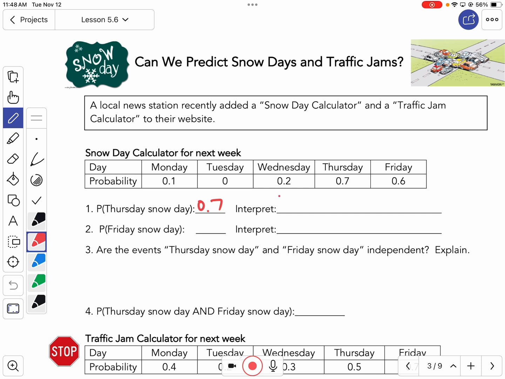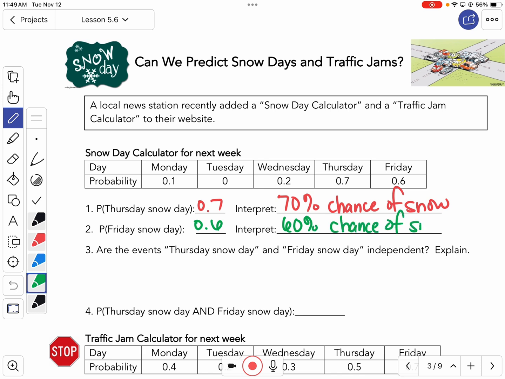If we converted it to a percentage, it'd be a 70% chance of snow. And then what about the probability that we'd get a snow day on Friday? 0.6, and that would mean we have a 60% chance of snow. So just reading the chart there.